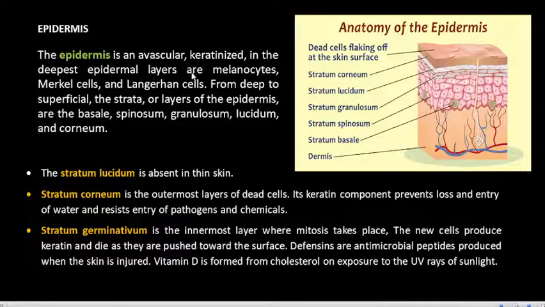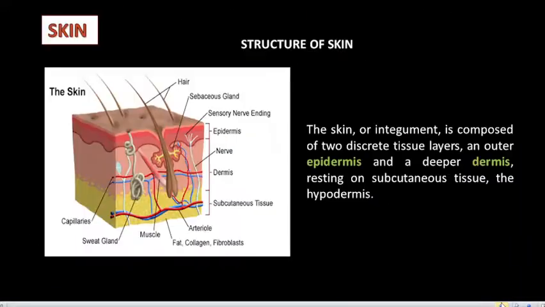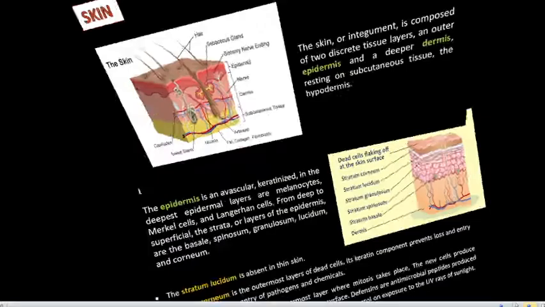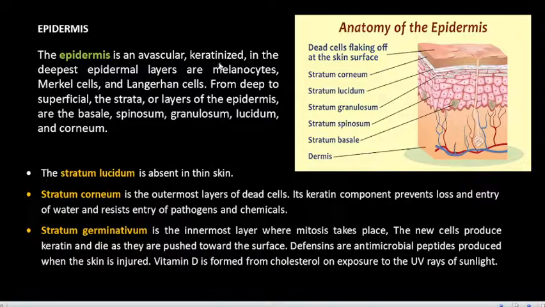In the deepest epidermal layers, you have melanocytes, Merkel cells, and Langerhans cells. So, sa pinakailalim daw ng epidermis, tingnan natin dito. Okay, so this is the epidermis. At the lower parts, you will have the melanocytes. Melanocytes are the cells that produce the pigment melanin for producing our color.